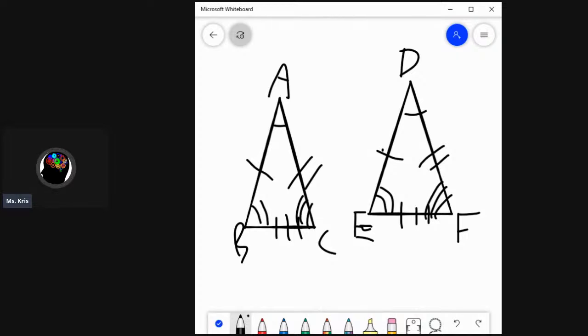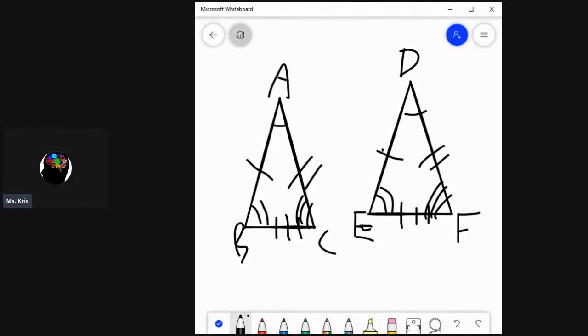Meaning angle A equals angle D, side AC equals DF, or angle C equals angle F. By definition, two triangles are congruent if the 6 parts, which is the 3 sides and the 3 angles, are equal to each other.